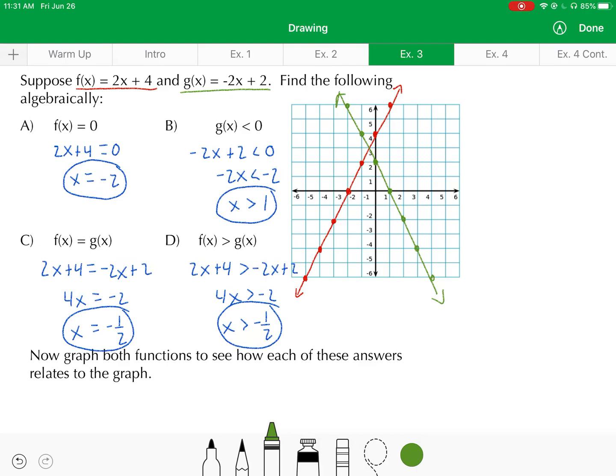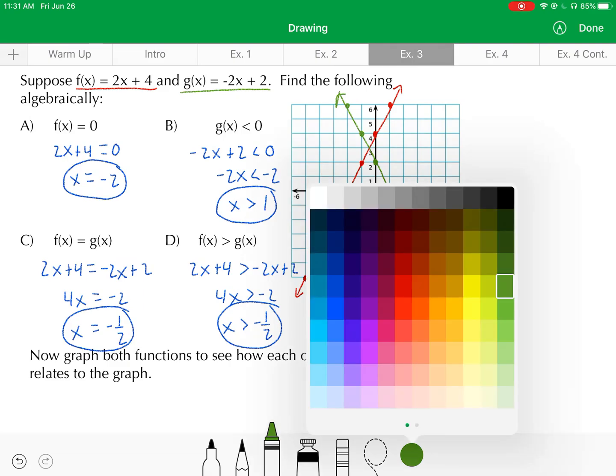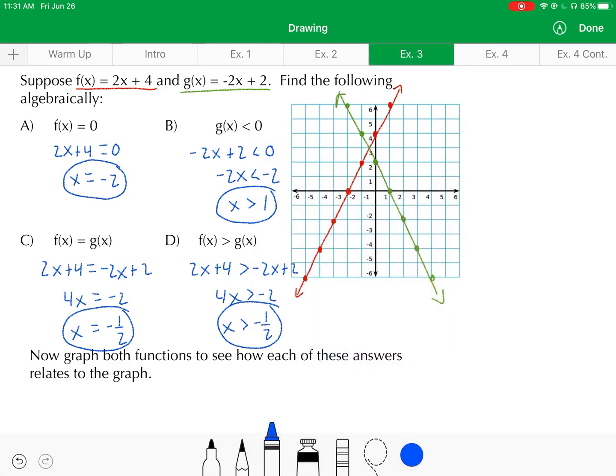Okay. So question A was asking, when is f of x equal to 0? And it resulted in an answer of x equals negative 2. Well, for that, we would solely be focusing on the red line here, okay?